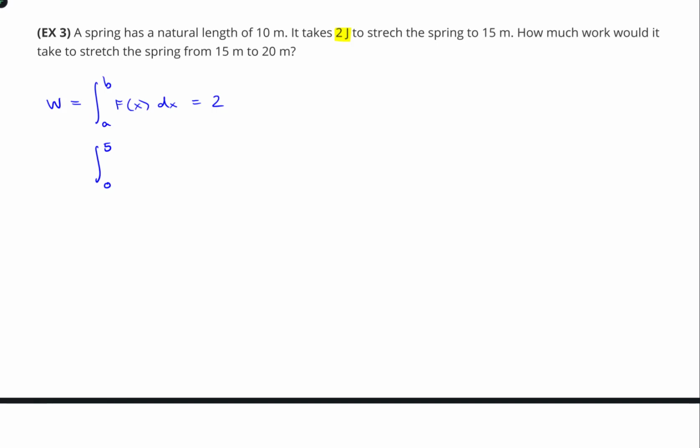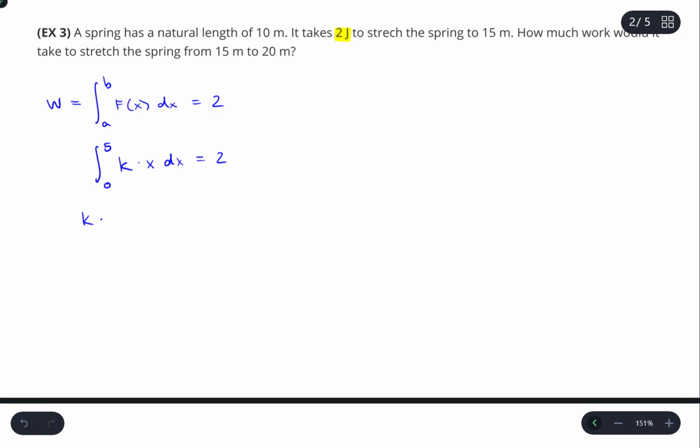All right, the function representing the force, of course, with springs, it's always the spring constant times the distance that it's already been stretched, so the integral of kx dx equals 2. I think this is something that we could work with at this point, because the constant k can come out of the integral, and we can integrate x with respect to x as x squared over 2, and then that integrates between 0 and 5.